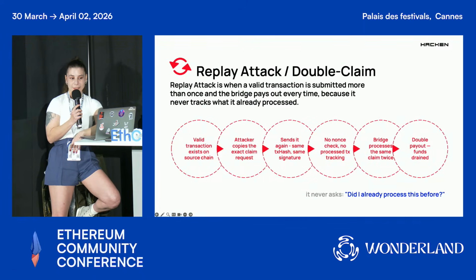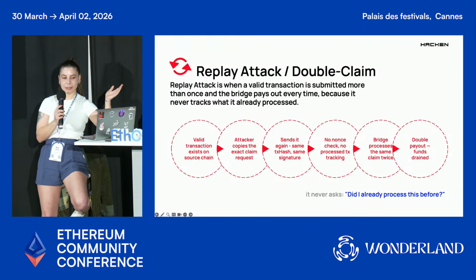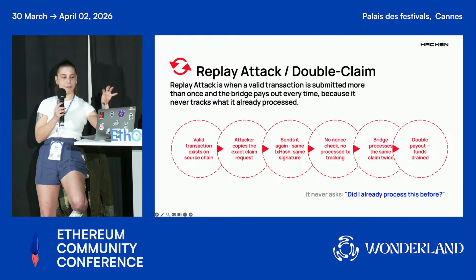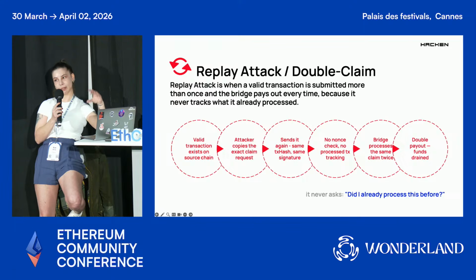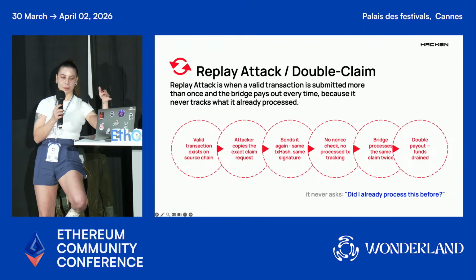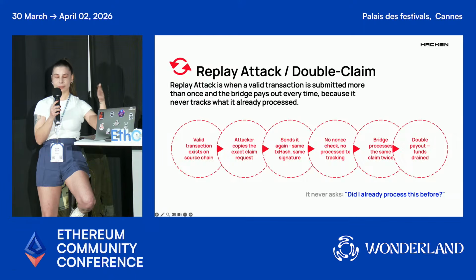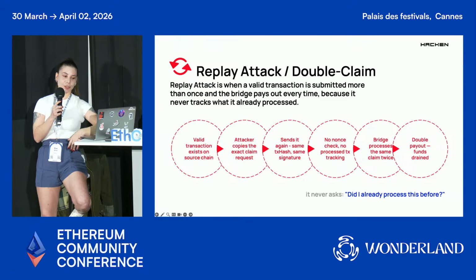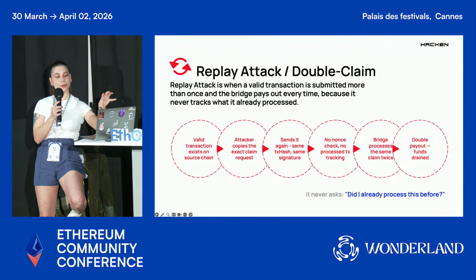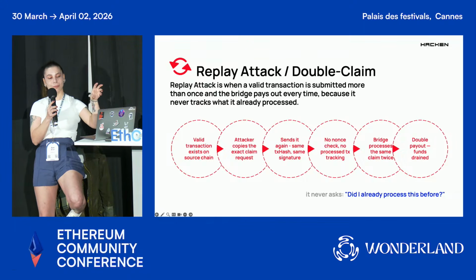The other one is the replay attack. A replay attack is basically when someone takes a valid transaction and just sends it over and over again. The system keeps paying out every time, and it happens because the bridge doesn't track what's already processed, so it treats the same request as new each time.